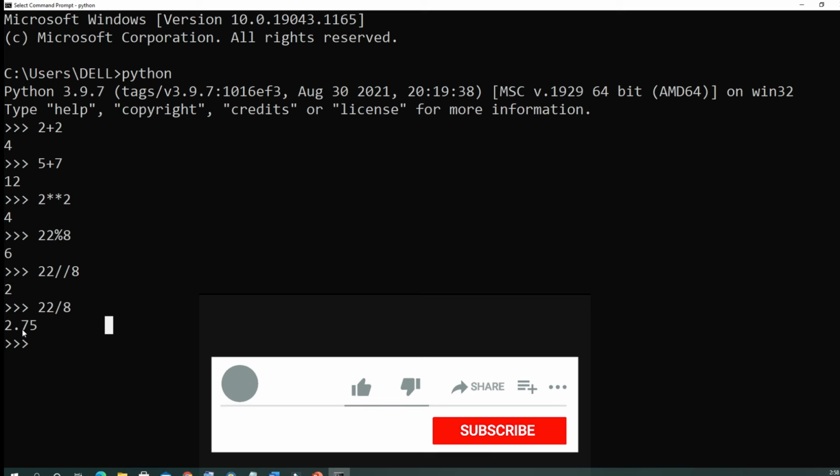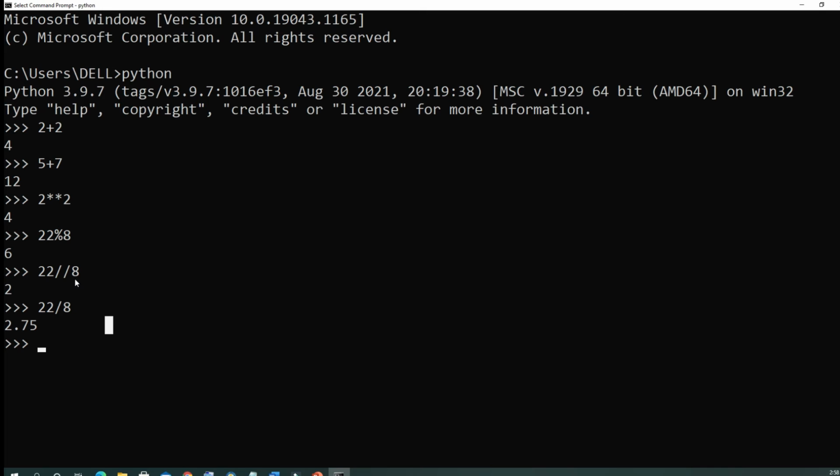Floats are more like the fractions. When we put 8 into 22, 8 will go into 22 twice, remaining something. So it is a fraction, but the integer division is not going to output the fraction. It's just going to output the integer value.